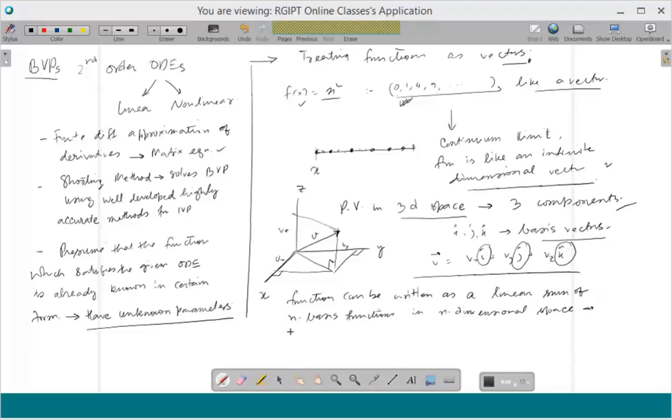So basically, a function defined at n discrete points. Just imagine that. When I say n-dimensional space, I mean that the function has n values which can change independently.